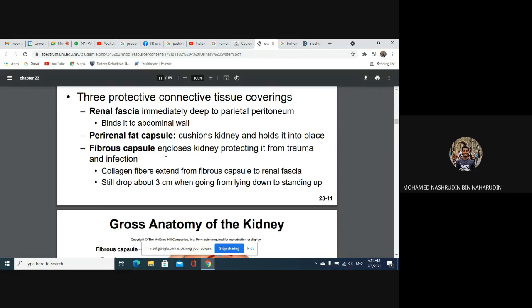It's like a mechanical protection for the organ, protecting it from any trauma, any impact, and any infection. The collagen fibers extend from the fibrous capsule to the renal fascia, and the kidney still drops about 3 cm when going from lying down to standing up.